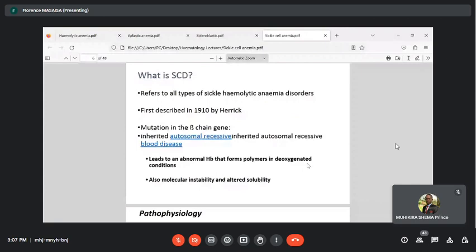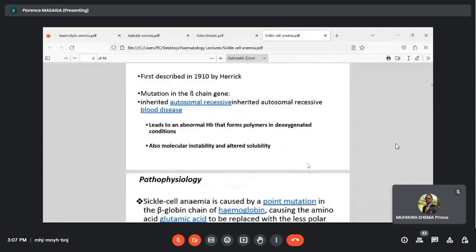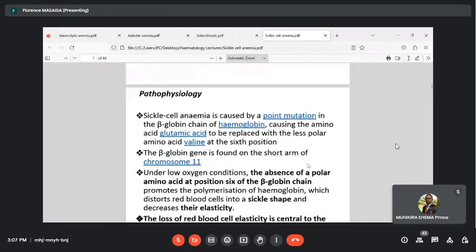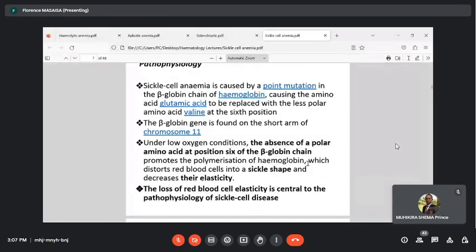I think you remember the pathophysiology. It's on the short arm of chromosome 11. So that change of one amino acid to another causes the absence of a polar amino acid at this position, which makes the cell lose its shape and its elasticity, making this the central issue in the pathophysiology of sickle cell.